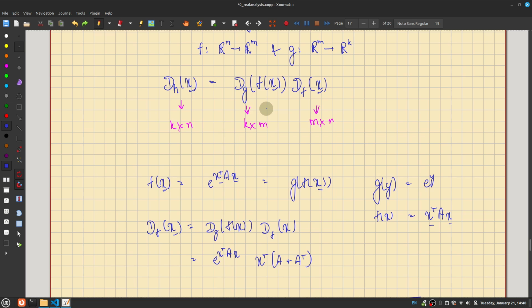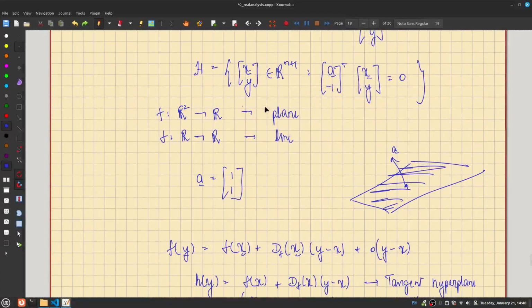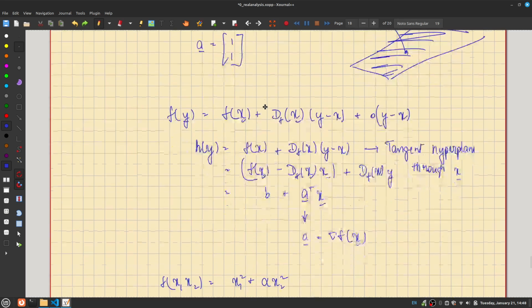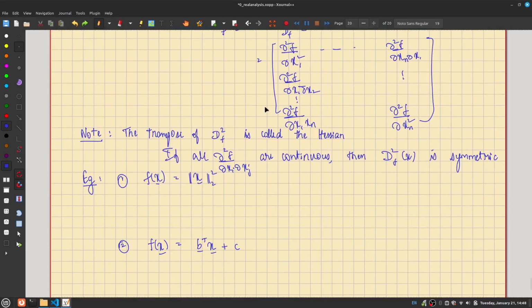Okay, any other questions? Correct. So in case all of these are continuous, then it doesn't matter. So here we'll assume that when I say dou square f by dou x1 dou x2, I take the partial derivative with respect to x2 first and then with respect to x1.